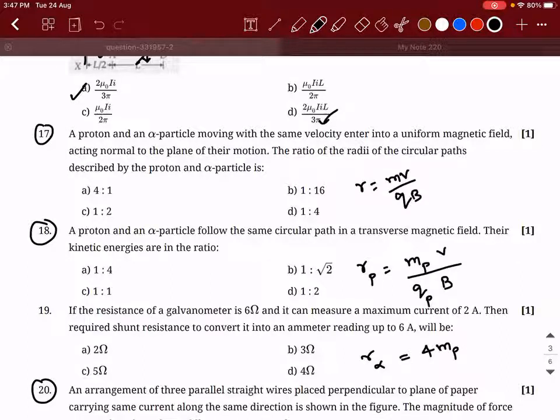So 4 times mp into v divided by charge, which is 2e, into B, where e is the charge of the proton. You divide both, what is the answer going to come out? It should come out as 1:2.